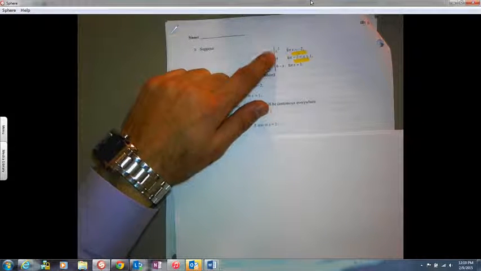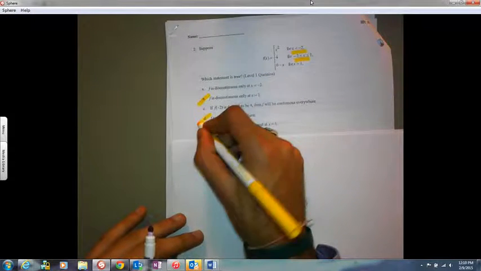But at neither point are they equal to -2. So the graph must be discontinuous at x equals -2. Discontinuous means I pick the pencil up. Why? Because neither of the pieces are ever equal to -2. So if f is discontinuous at -2, b has to be wrong and d has to be wrong.